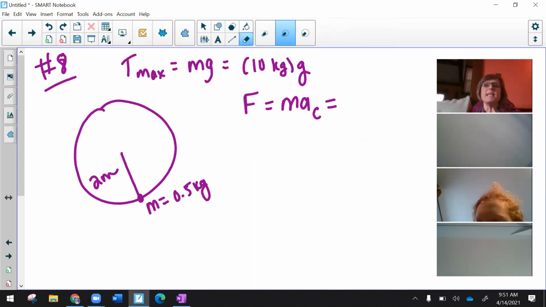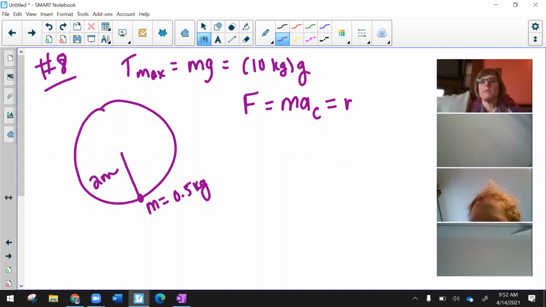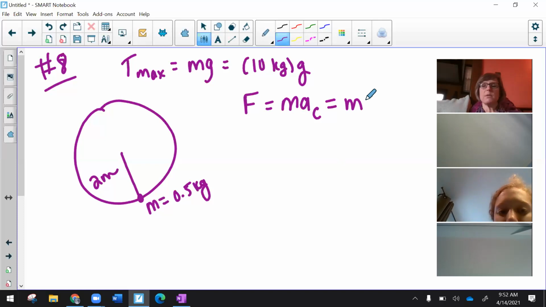And what's a_c equal to? V squared over r. Yeah. v squared over r, where r is the radius of that circle.